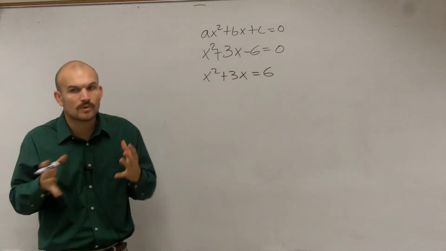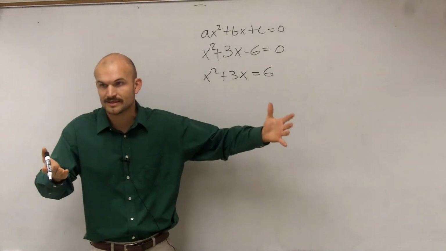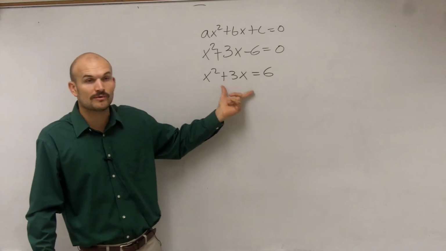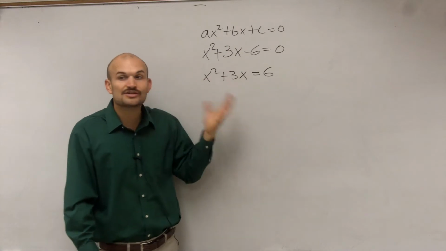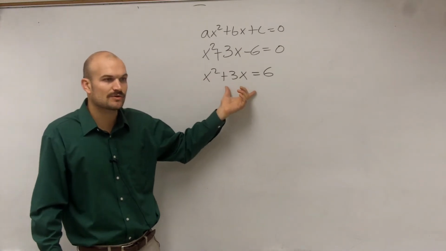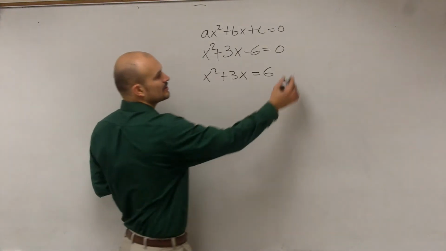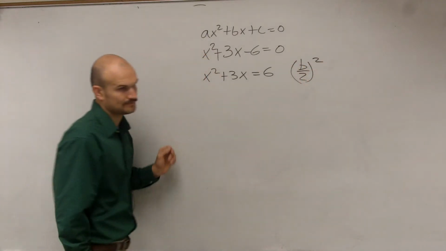Remember those problems where we worked on the square root method? We took the square root of a perfect square trinomial. So what we need to do here is create a perfect square trinomial out of what we have. To do that, we take b divided by 2 and square it.